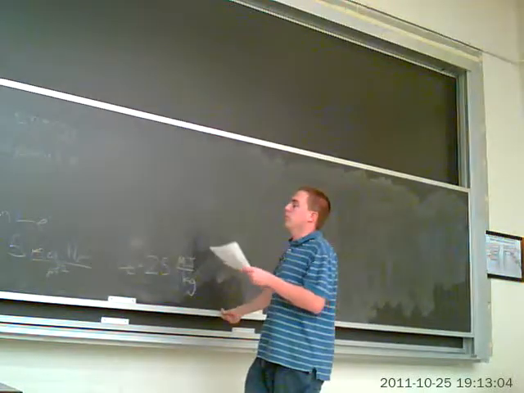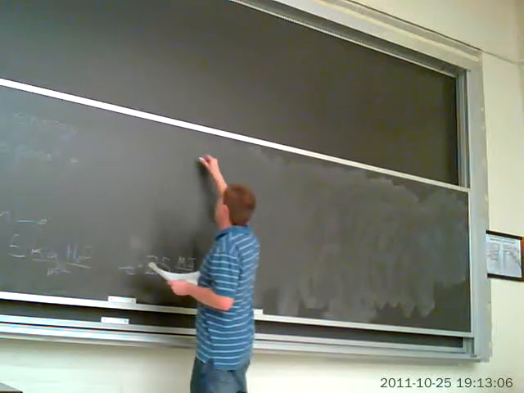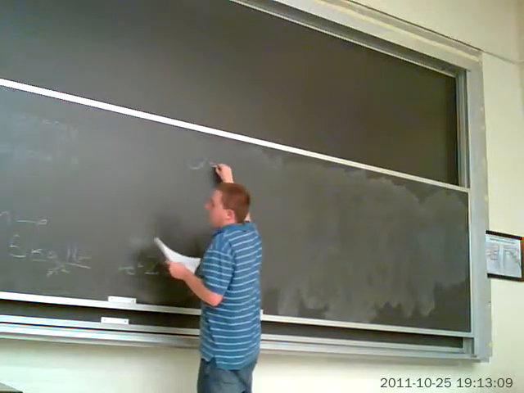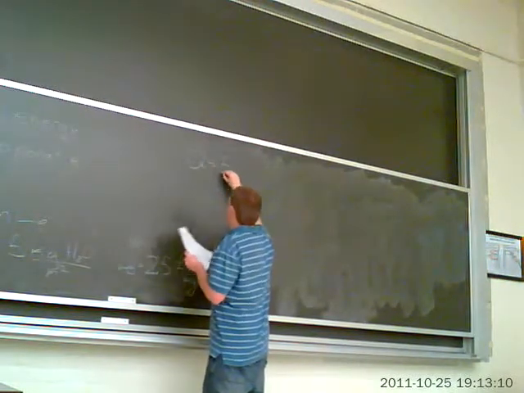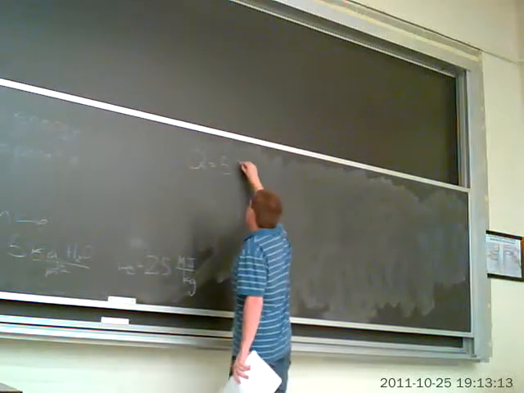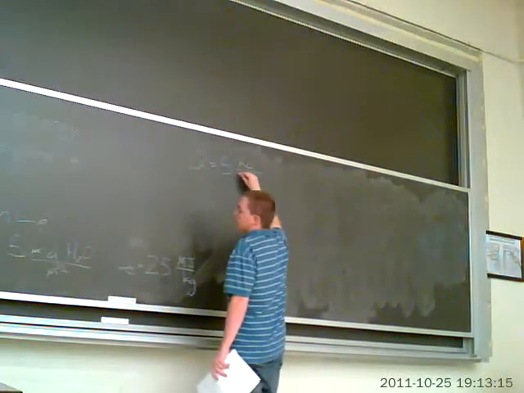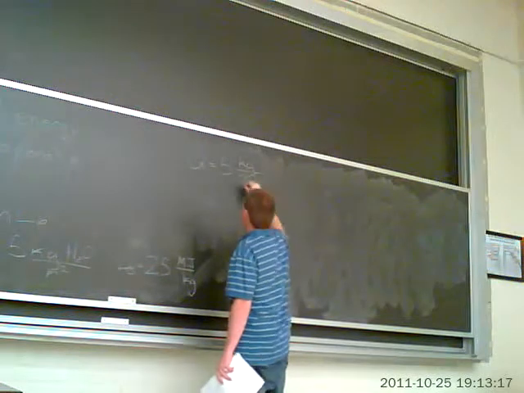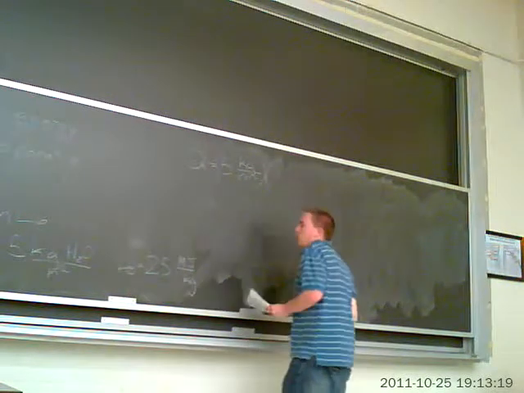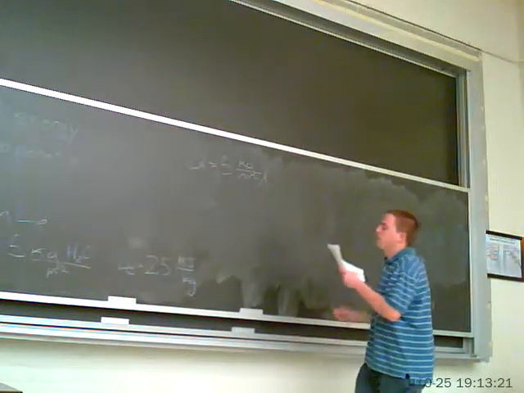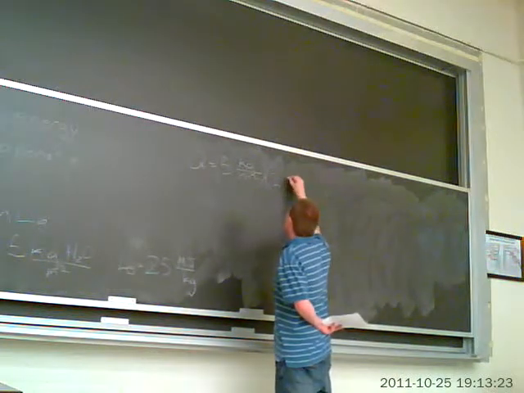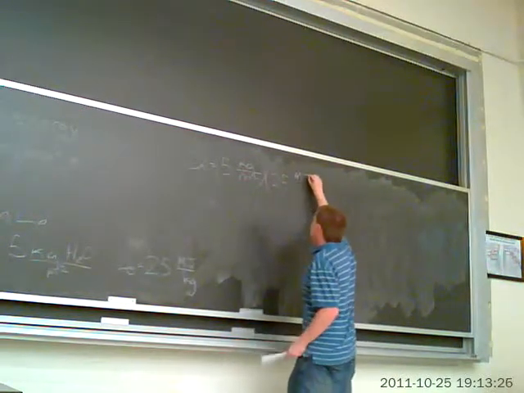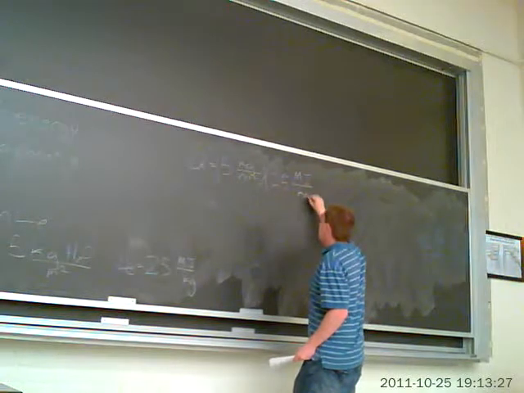So you can figure out Q now: 5 kilograms per meter squared times 2.5 megajoules per kilogram.